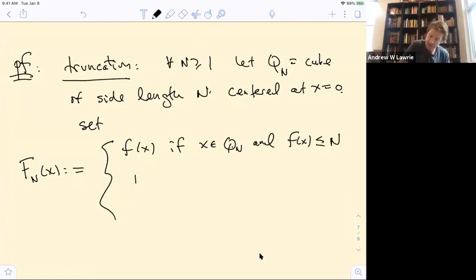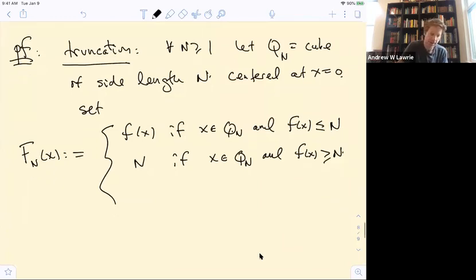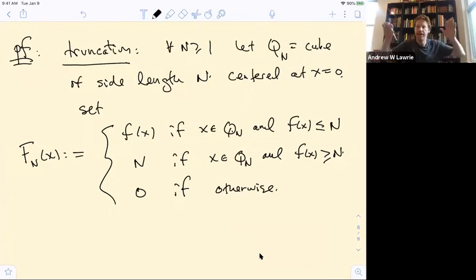Equal to n if x is in Q_n and f of x is bigger than or equal to n. 0 otherwise. So we're just going to make F_n 0 outside of the cube Q_n, and I'm also not going to let it be bigger than n. I'll just cap it off at n. So I'm kind of boxing in f.